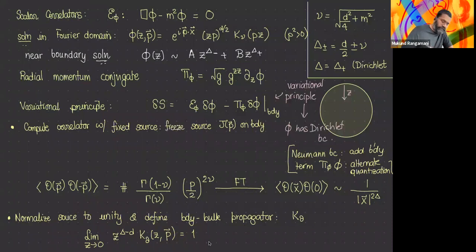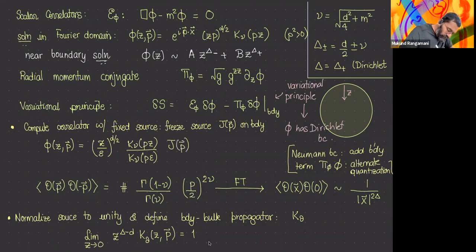So I prescribe some source in momentum space, and I write the solution with a cutoff. Don't need to worry about these various prefactors. So phi at epsilon p is basically J.